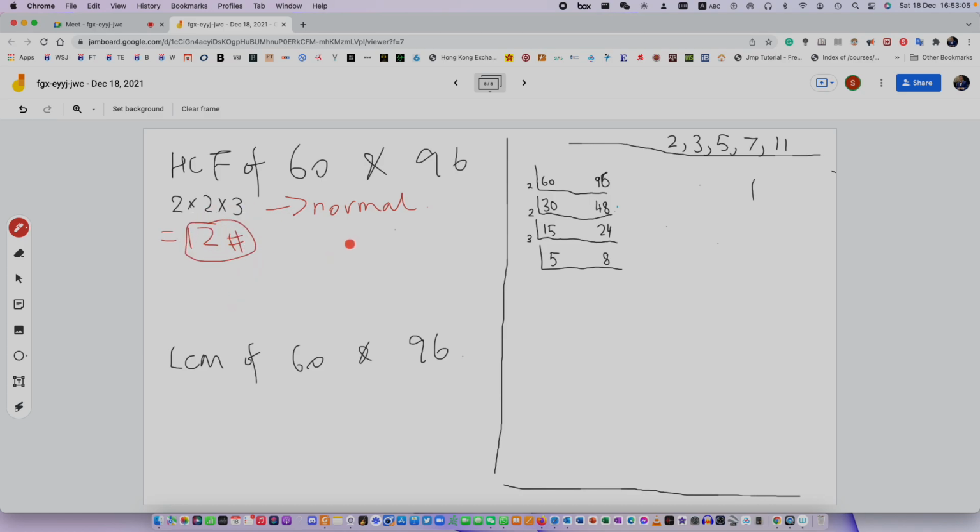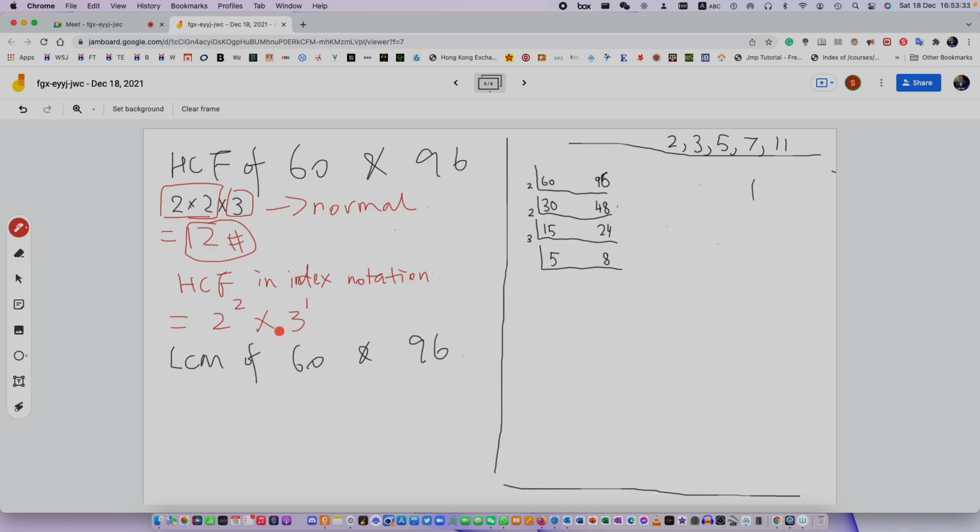But if the question asks you for HCF in index notation, you are supposed to write in this format. How many 2 you have? 2 of them, so you put a 2 on top. How many 3 you have? 1, so you put 1.